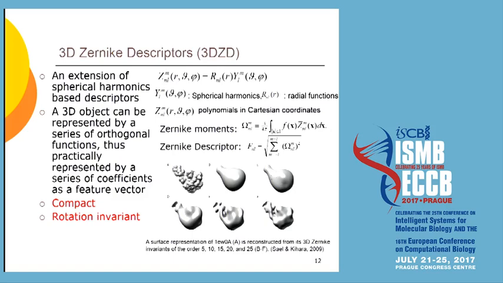A nice thing is that it can be computed in a rotation invariant way by taking a norm over the parameter m. Because it is rotation invariant, once the EM map is described by the 3D Zernike descriptors, it is described as a vector, and you don't need to rotate or translate it for comparing two EM maps. So it allows very quick search against a database.